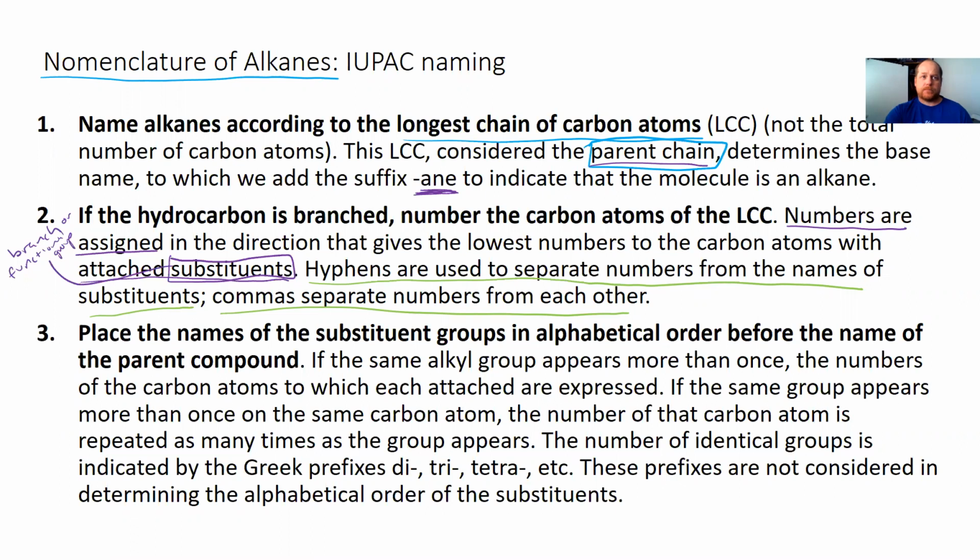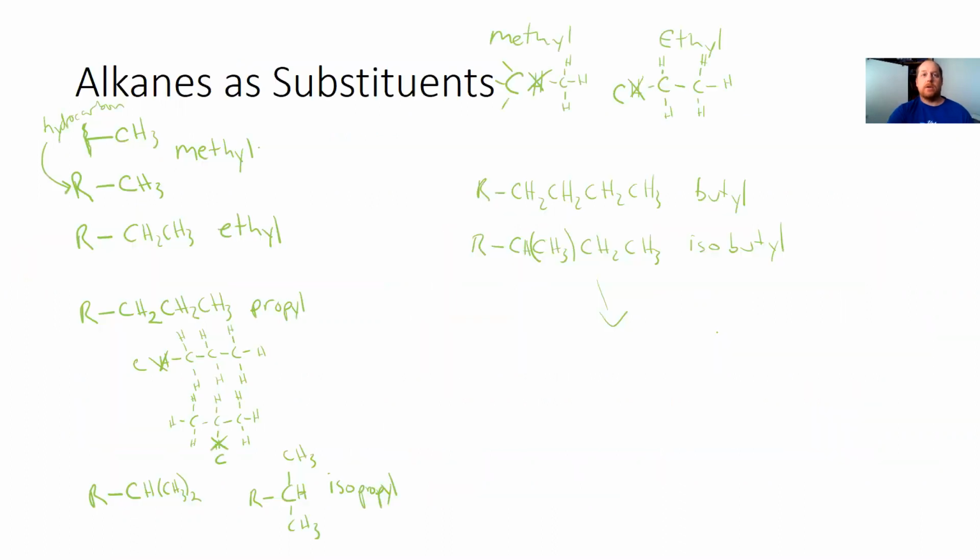We place these substituent groups in order based on their alphabetical name, so they're all in alphabetical order. In other words, ethyl will come before methyl, which will come before propyl, and isopropyl will come between the ethyl and the methyl. Butyl will come before those.